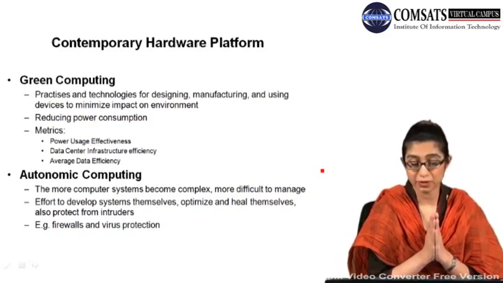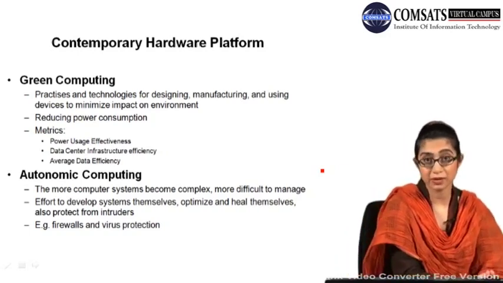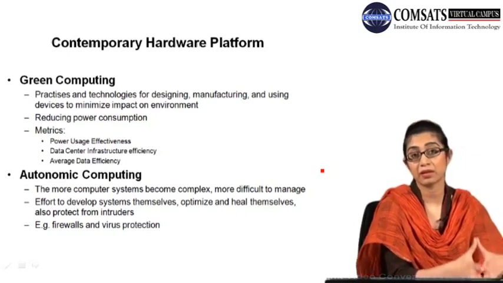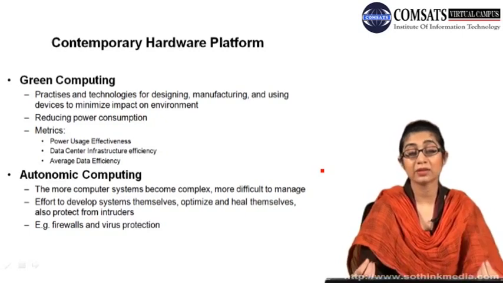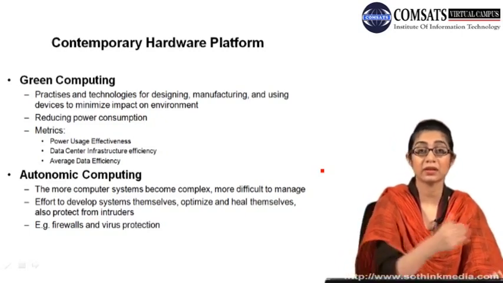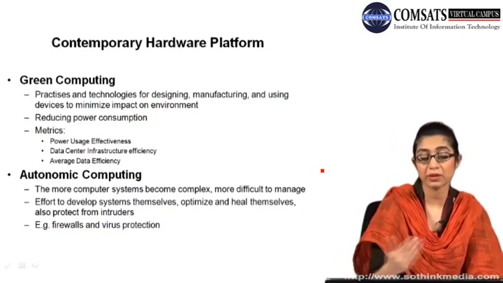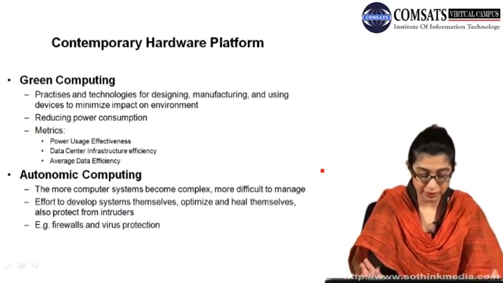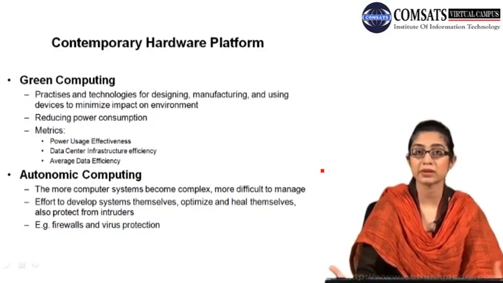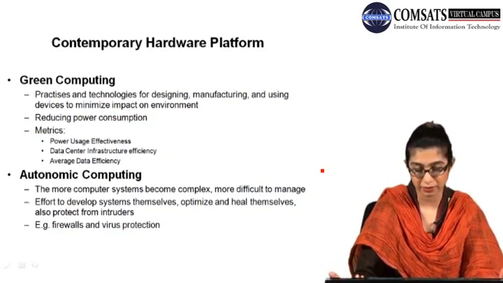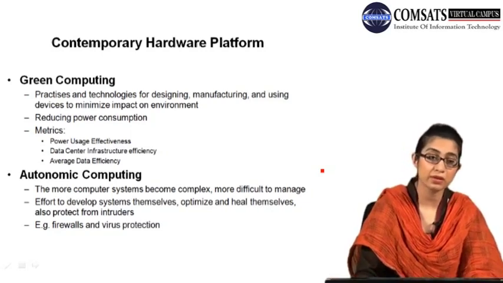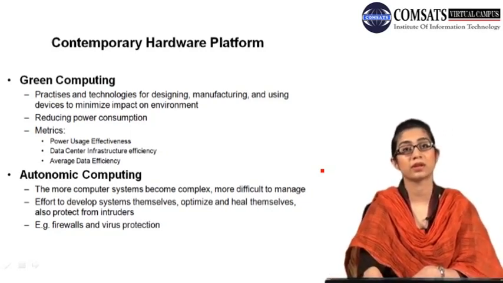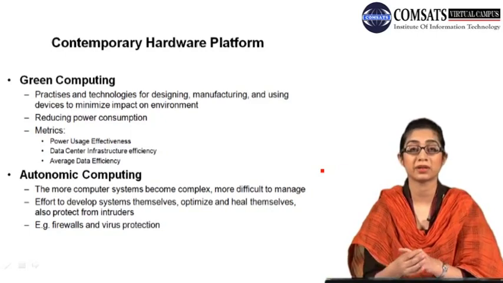So the development is moving towards the fact that the computers can now heal themselves, they can optimize themselves, and they can develop themselves in such a way that they can save themselves from the intruders as well. ठीक है, एक simple सी example है that is being used nowadays is the computer firewall system or the antivirus systems. ठीक है, what do they do once you install the firewall, once you install the antivirus application?